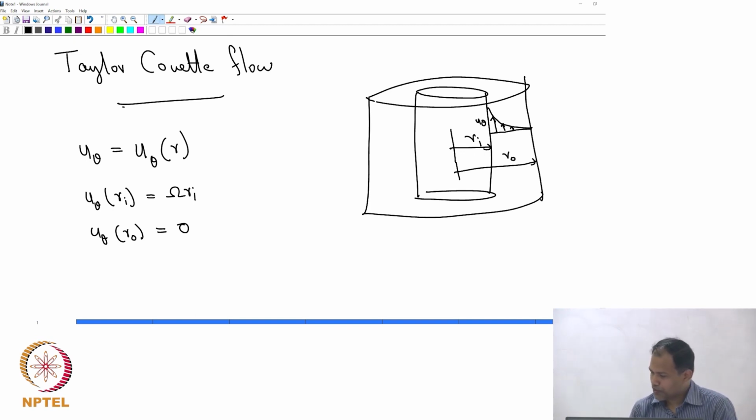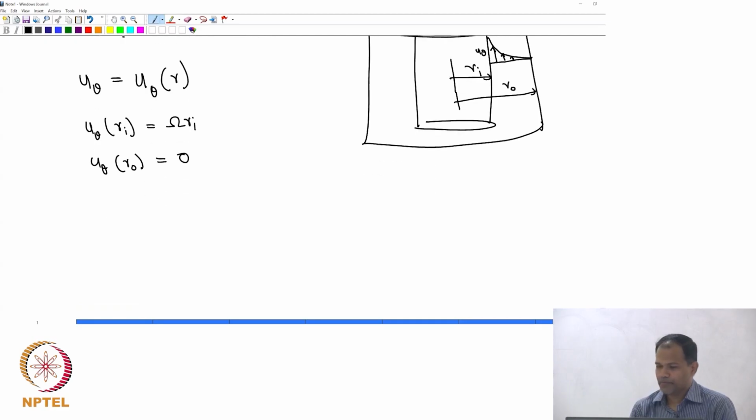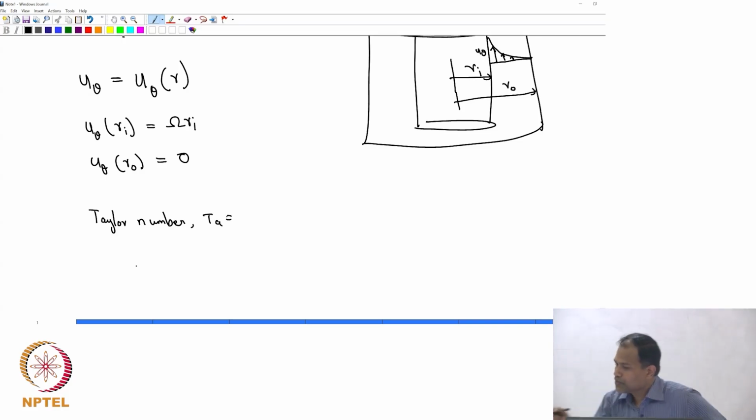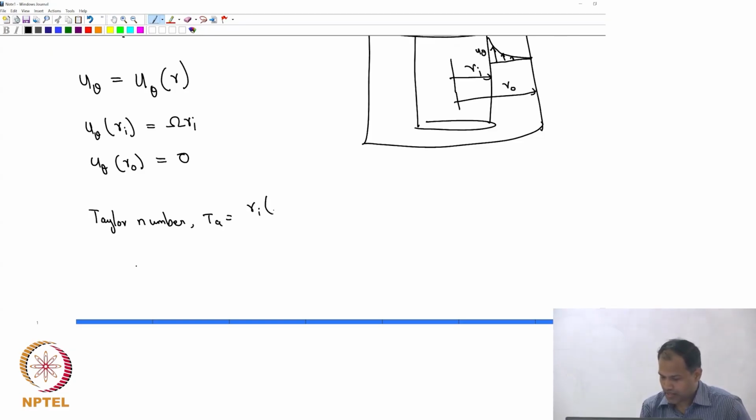Now, this profile is not a very stable profile. In fact, what happens is that if you define something called a Taylor number, which is Ta equals R I times (R O minus R I) cubed omega squared divided by (mu by rho) whole squared.